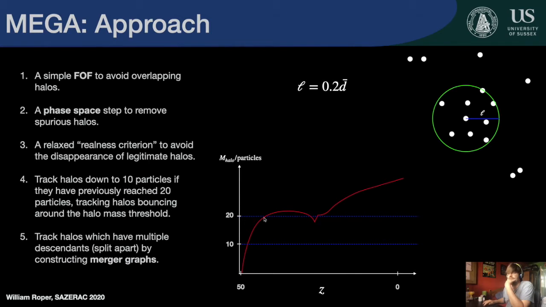Once they have reached 20 particles, we allow them to fall down to as little as 10 so that we can track them as they fluctuate around the mass threshold. So a halo must reach 20 particles, but we allow it to be less if it has previously been 20 particles. And then fundamentally, we build merger graphs, not merger trees, so we can avoid this removal of information by severing links to halos that have split apart.